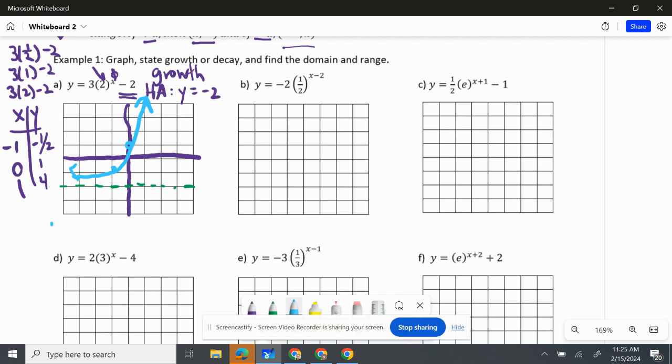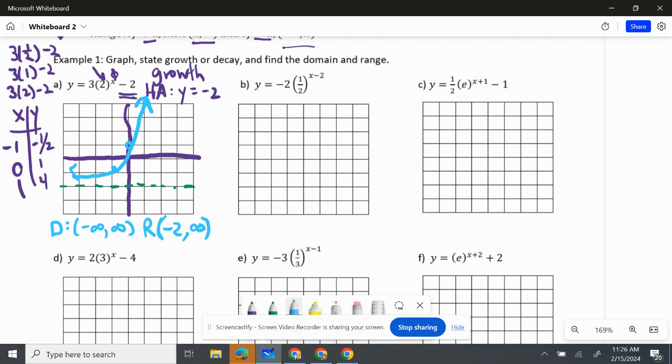Our domain would be -infinity to infinity. And our range, our asymptote is at -2. So we see that it's above the asymptote. So that means that our range is -2 to infinity. Notice there's parentheses, not brackets, because it never reaches the line. It comes close to it, though.